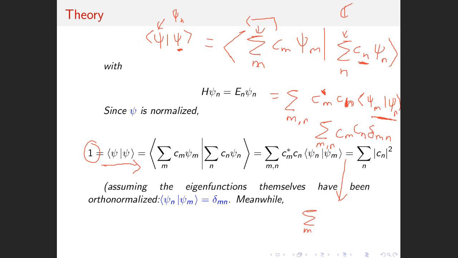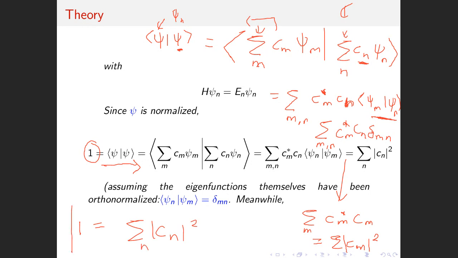So this just gives you C_m star C_m, which is the sum of the mod squared of C_m.